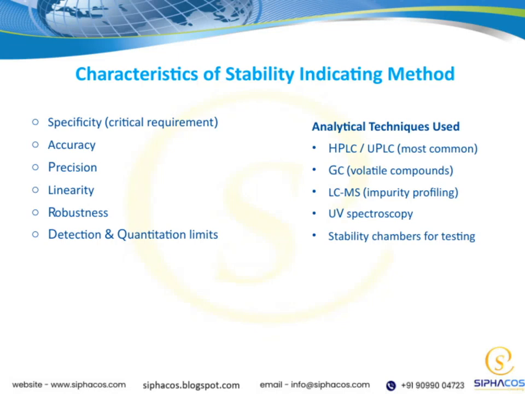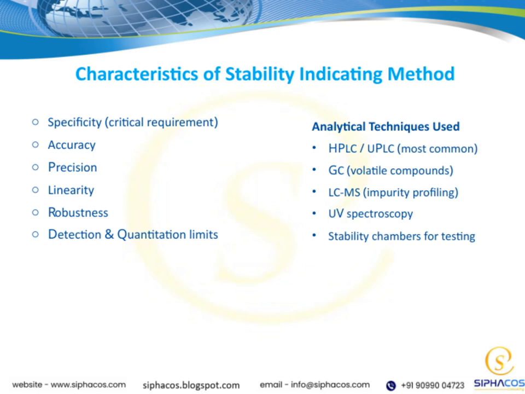Now, let's take a look at the analytical techniques we commonly use in our stability testing. One of the most prevalent methods is HPLC, or high-performance liquid chromatography, along with UPLC, which is a more advanced and faster version. These techniques are essential for separating and analyzing complex mixtures. For volatile compounds, gas chromatography, or GC, is the go-to technique because of its effectiveness in analyzing substances that easily vaporize.